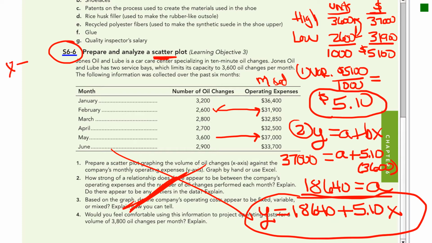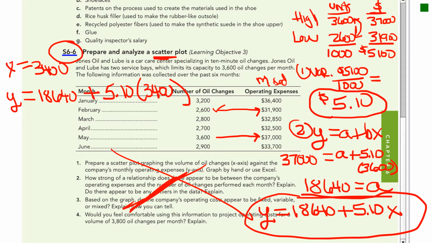So x equals 3,400, and you plug that into your equation: y equals 18,640 plus $5.10 multiplied by 3,400, because 3,400 falls within the range. Adding that up, you get a cost of $35,980. That would be your prediction for your operating expenses at that volume.